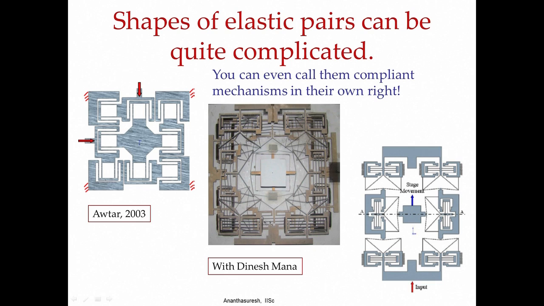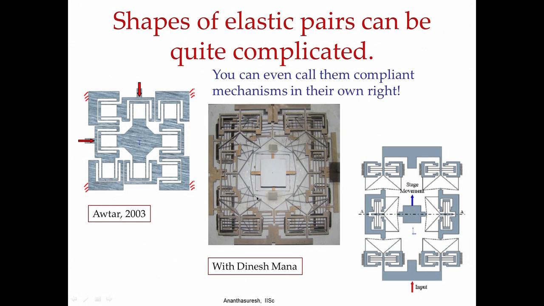This particular one looks even more complicated. It has 2 layers of metal, and that is a prototype that is made, which has displacement amplification included within this, and has these 2 decoupled xy motions, both translations. One layer of this is shown here. Take another layer, turn it by 90 degrees, and then attach at the central portion, you get this mechanism.